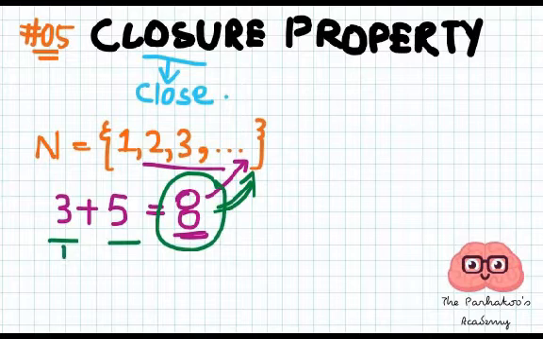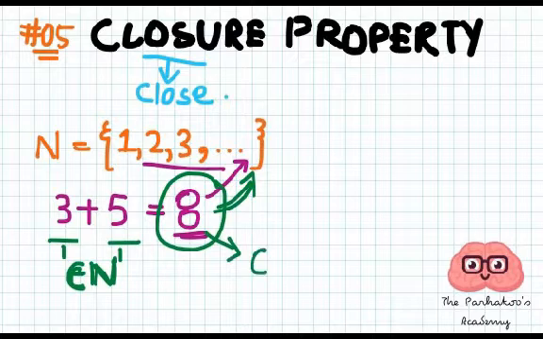Here 3 and 5 belong to the natural numbers. Both of them belonged to natural numbers, and the resultant also belonged to the natural numbers. So this is closed under the natural numbers.